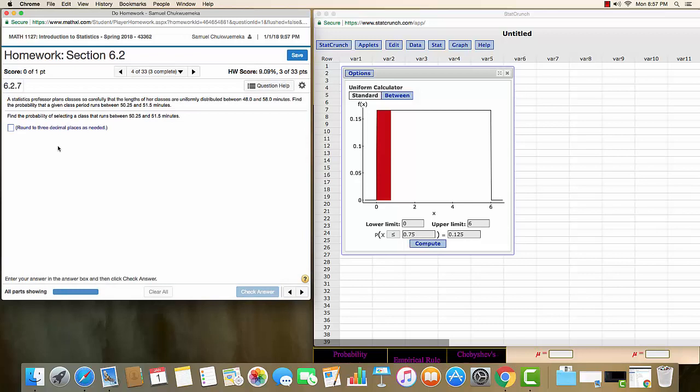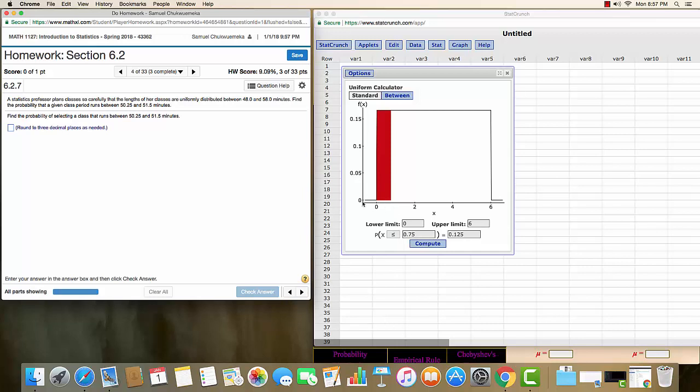Question 4. A statistics professor plans classes so carefully that the lengths of the classes are uniformly distributed between 48.0 and 58.0 minutes. Find the probability that a given class period runs between 50.25 and 51.5 minutes. So my calculator, that's my turn.